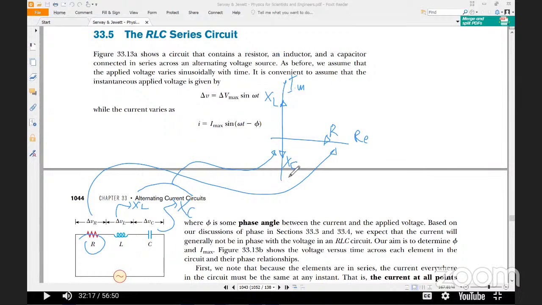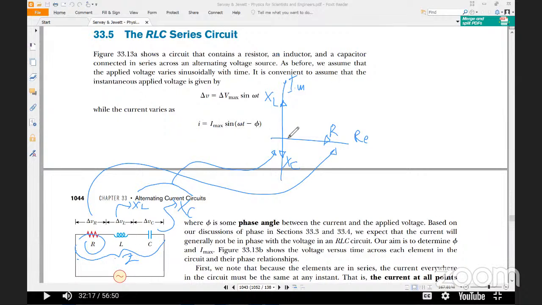Now, phi is the angle of the resultant. So if we talk about the reactance in all the components, it means all the components are expressed by the reactance, but the total we call the impedance.